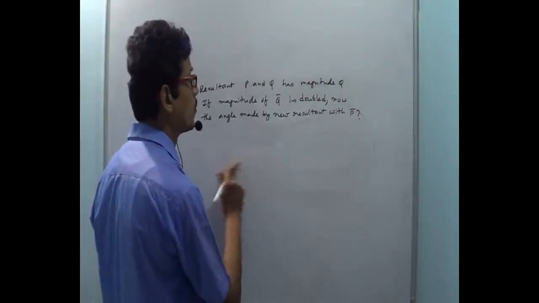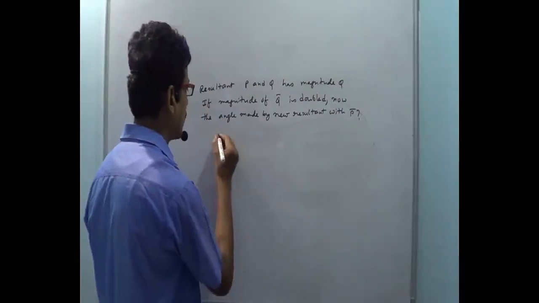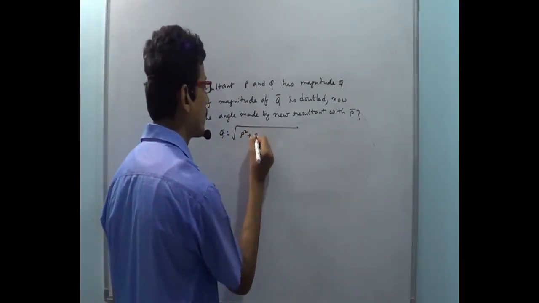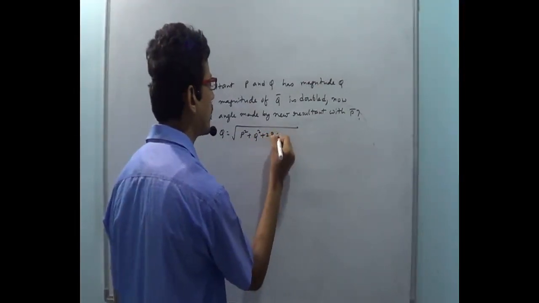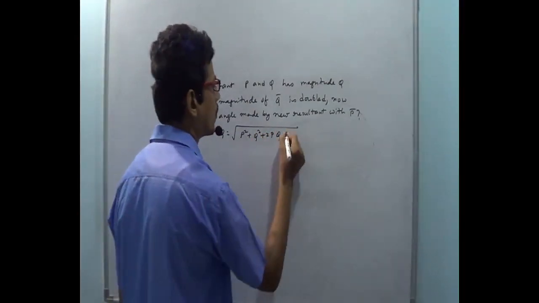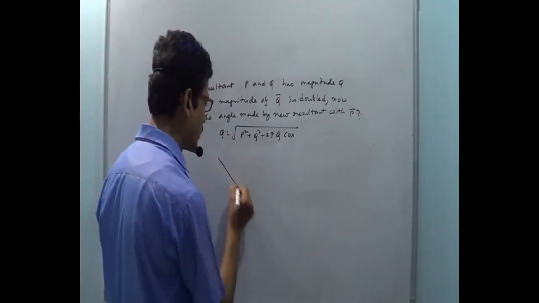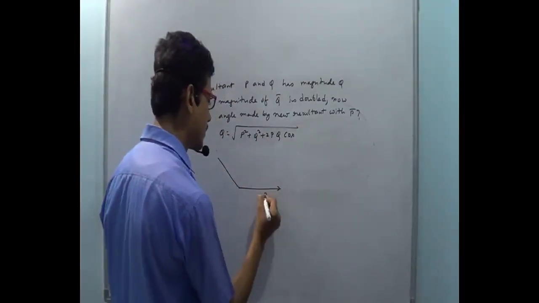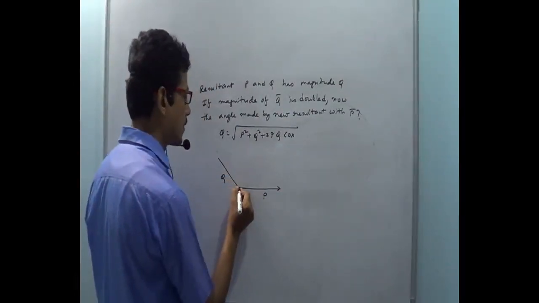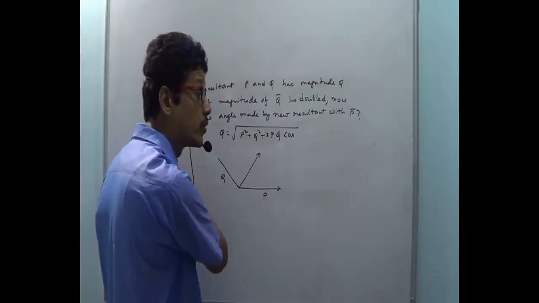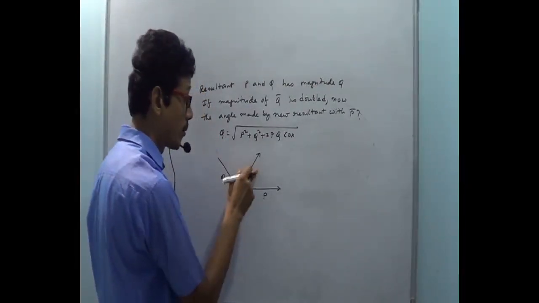So what is this? Q is equal to root of p square plus q square plus 2pq cos. Let us take q is like this and p is like this, and resultant is somewhere here, and its magnitude is q.